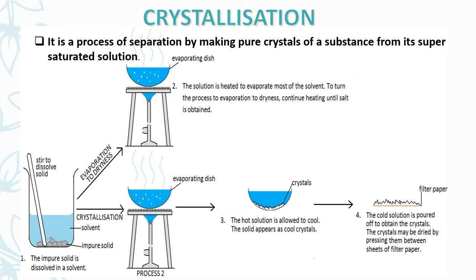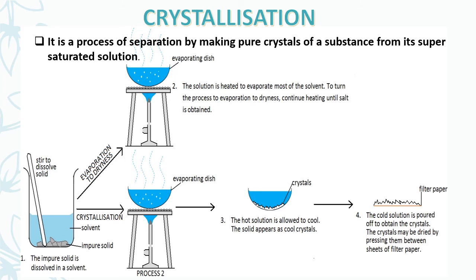The applications of the crystallization process are to purify the salt that we get from seawater and the separation of crystals of alum from impure substance. Thus, by choosing one of the above methods according to the nature of the components of a mixture, we get a pure substance. With advancements in technology, many more methods of separation have been devised.